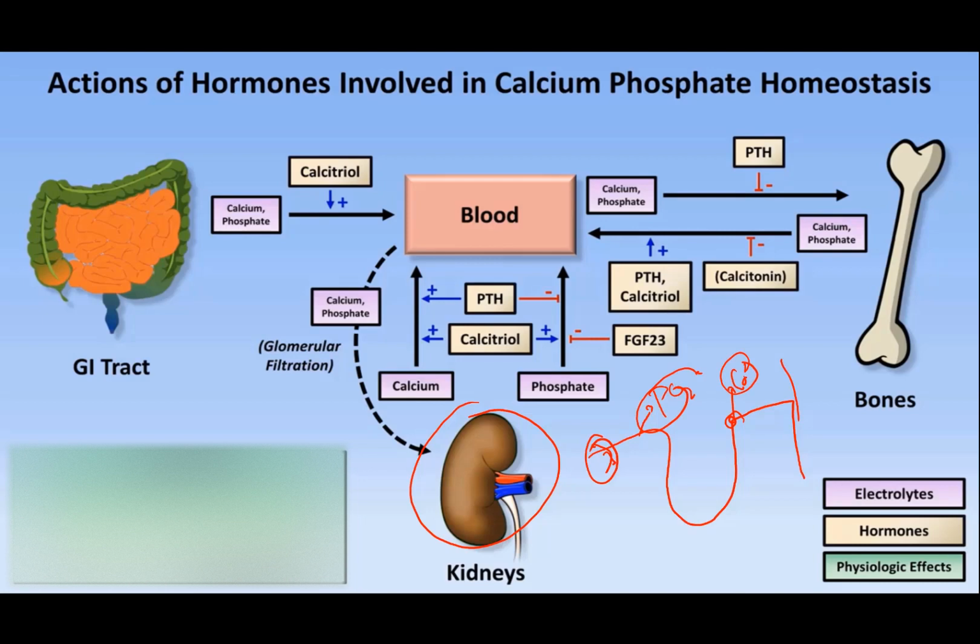Parathyroid hormone inhibits the absorption of phosphate and increases the absorption of calcium. By this, it increases the level of calcium in the blood and decreases the level of phosphate. The phosphate is excreted in the urine. So parathyroid hormone causes increased calcium and decreased phosphate, whereas calcitriol, that is vitamin D, causes an increase in both calcium and phosphate levels.